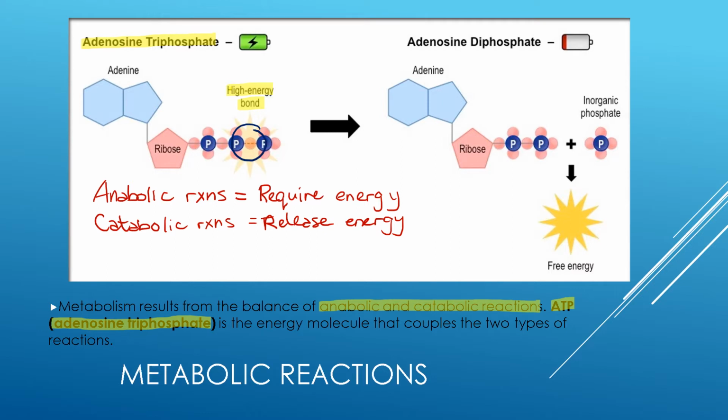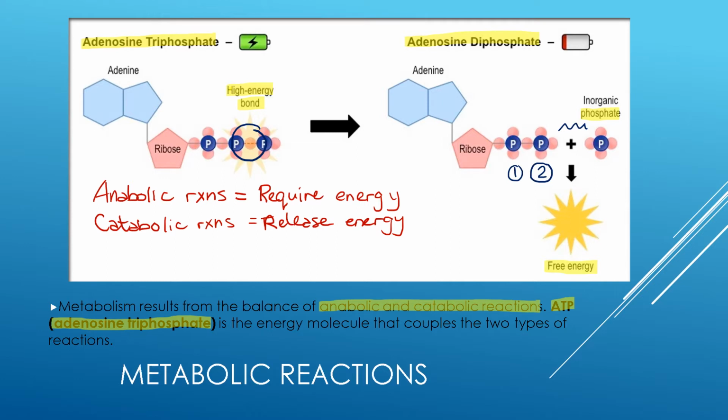And so when that bond breaks, it releases the energy that was in the bond. So now we have this free energy. We have this free floating inorganic phosphate because it broke off from ATP. And then the rest of this molecule is known as adenosine diphosphate, because now it only has two phosphate molecules attached.